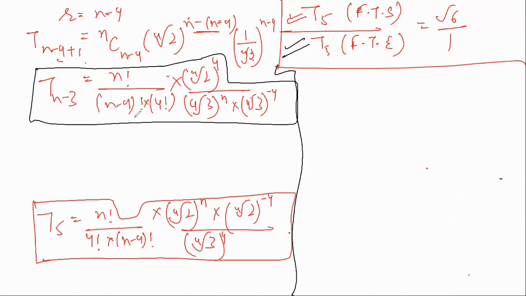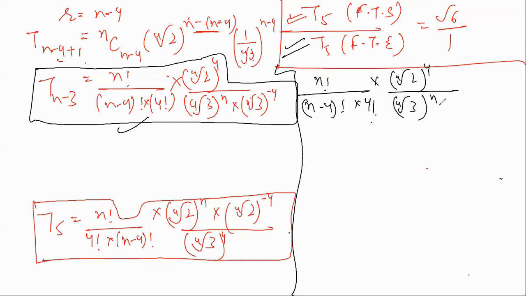So t5 from the starting means this one. Let me put the values: factorial n divided by n minus 4 factorial times 4 factorial, into this. Now this power is negative. How does a negative power become positive? When we reciprocate them, so it will go up like this.